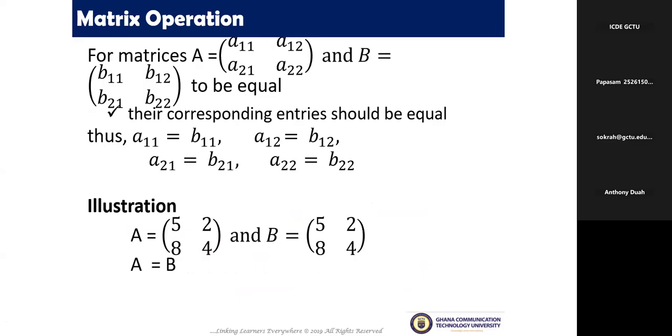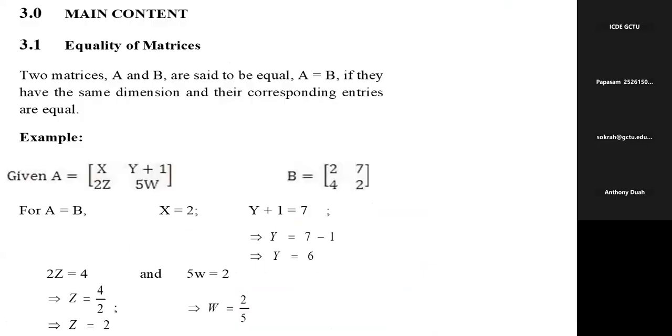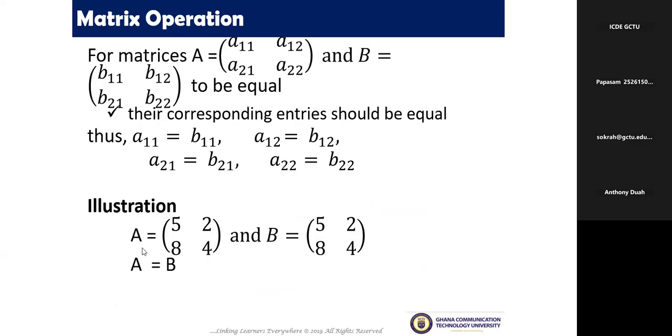Let me go and show you more sensible ways by which I can ask. Even here, I can simply put maybe this may be 5 and I'll put 2x here. I'll attach x to the 2. Then if I ask you to find the value of x, if A is equal to B, then you should be able to see that, oh, I'm testing your knowledge on equality of matrices.